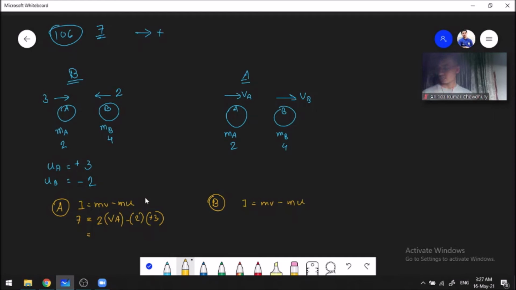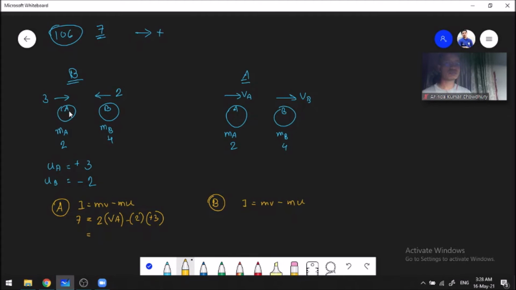Okay, fine. So one thing to keep in mind, since A and B are colliding, B pushes A towards the left, therefore the impulse exerted on A due to the collision is negative. Why negative? Because B exerts the impulse on A in the left direction. Imagine that you are A, B pushes you to the left.